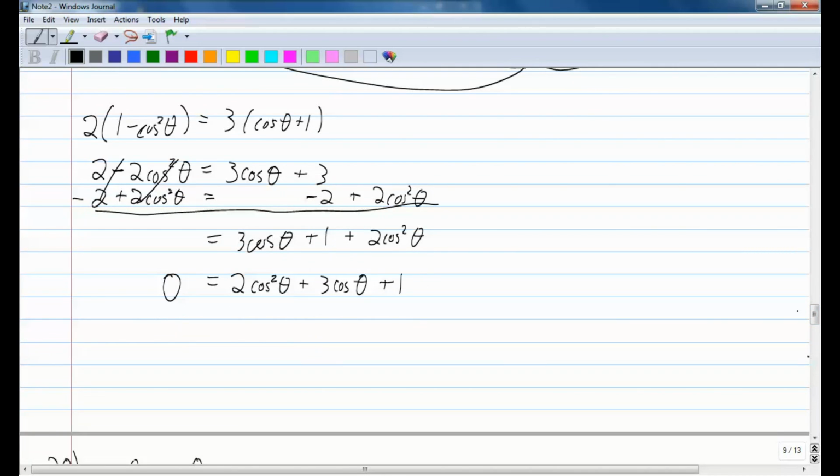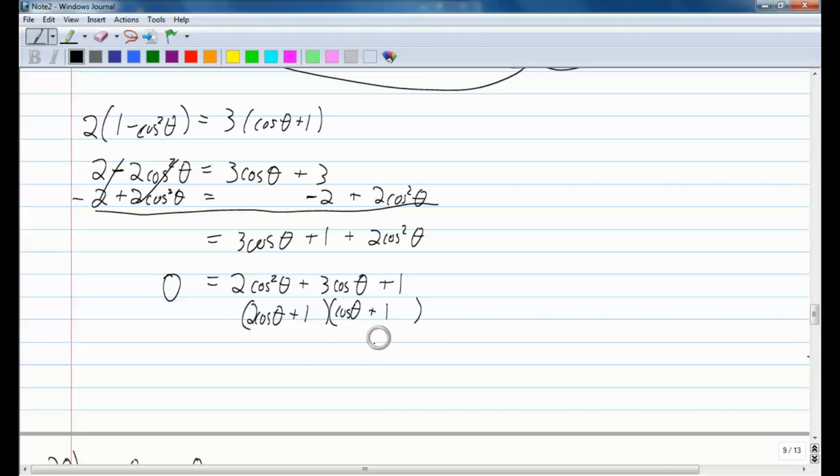Alright, so now we want to factor. This will be 2 cosine theta and cosine theta. Breaking that up. Now use the factors of 1, so it's going to be plus 1 and plus 1. And then make sure you get a 3 cosine theta in the middle. So multiply the outer terms.